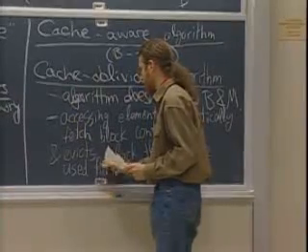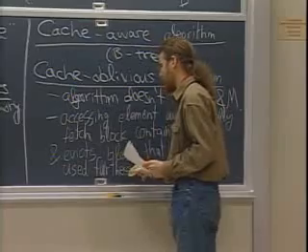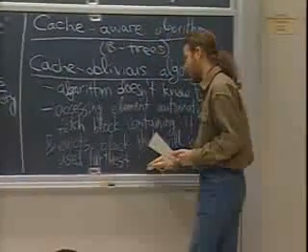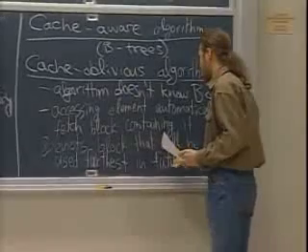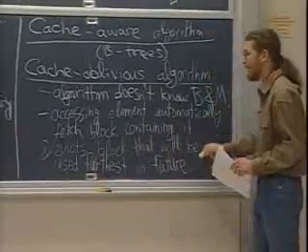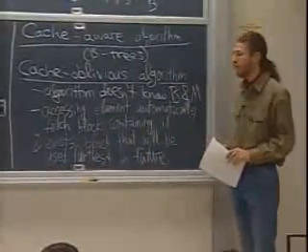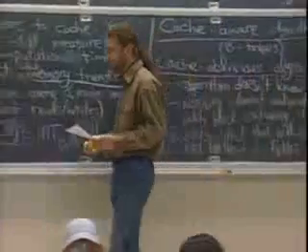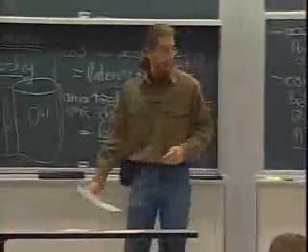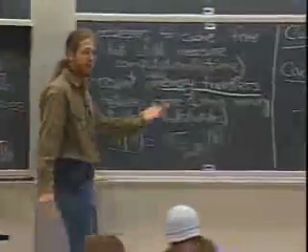Farthest is distance, furthest is time. Furthest in the future. Okay, this would be the best possible thing to do. It's a little bit hard to do in practice because you don't know the future, generally, unless you're omniscient. So this is a bit of an idealized model.